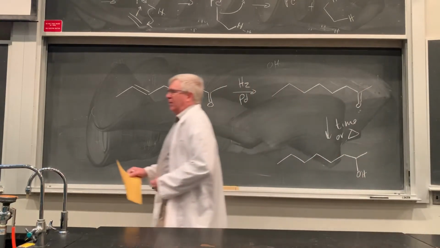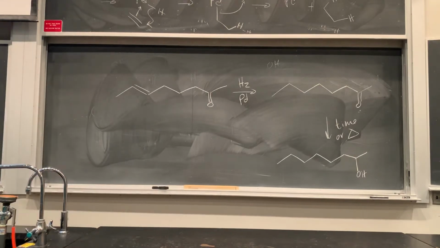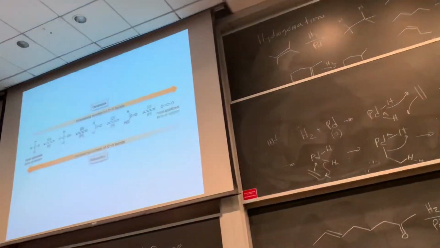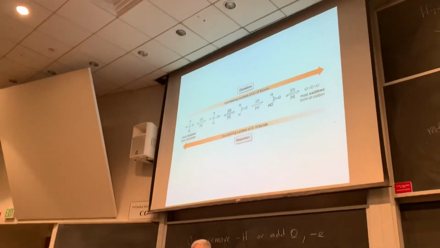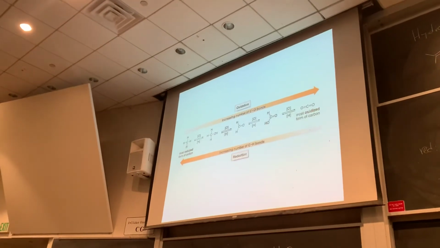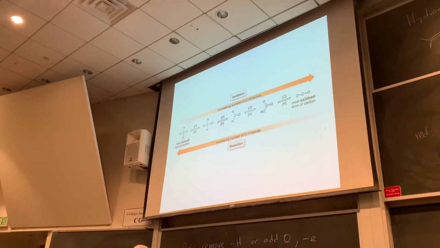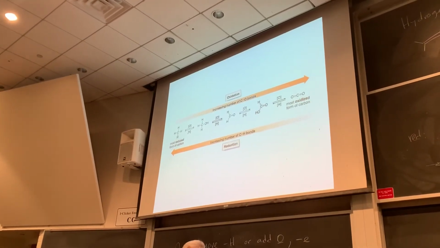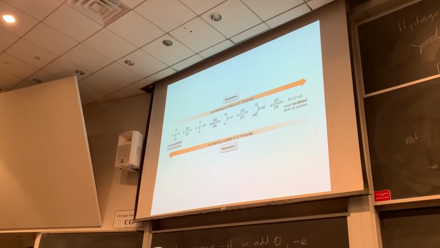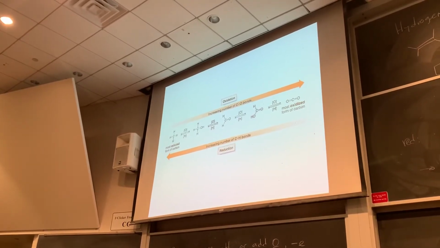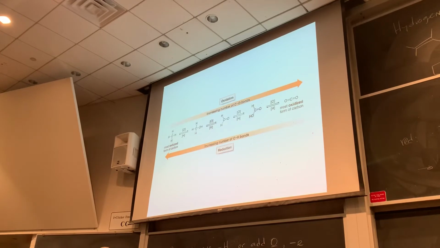All right, let's look back up at the board here at some applications of this. Here's what we talked about, of course, looking at the different functional groups, going from alkanes, alcohols to carbonyls, and eventually on to carbon dioxide. So across the top is oxidation.